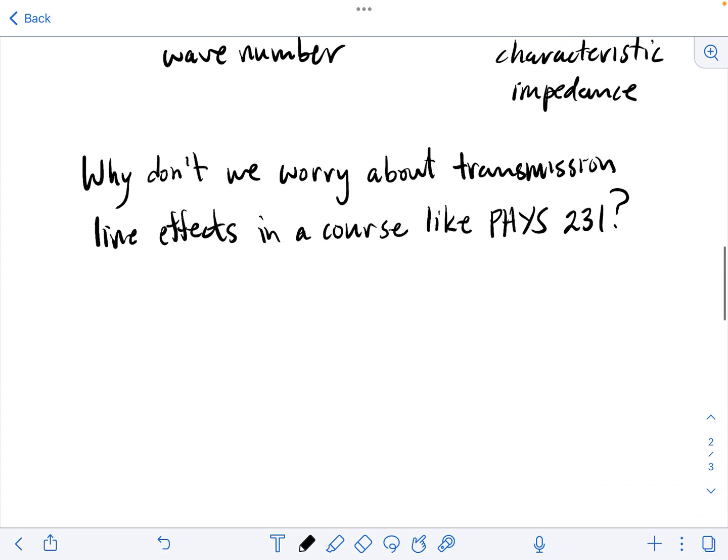So let's start with thinking about some of the transmission lines that we might actually use.